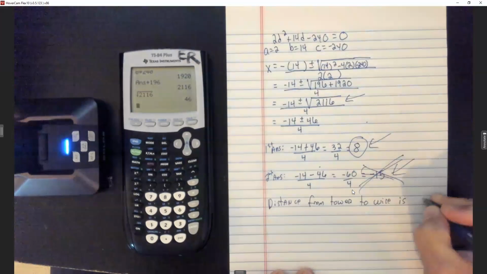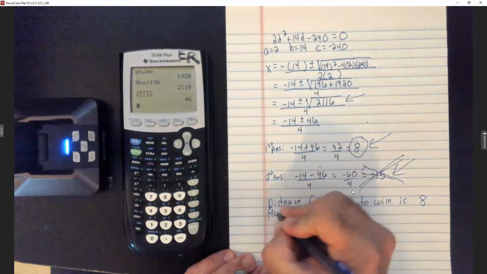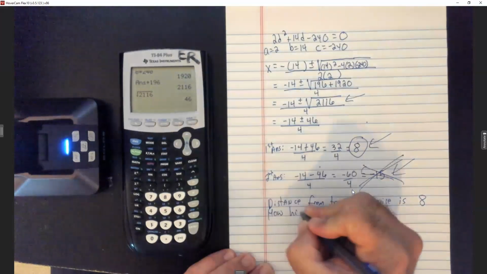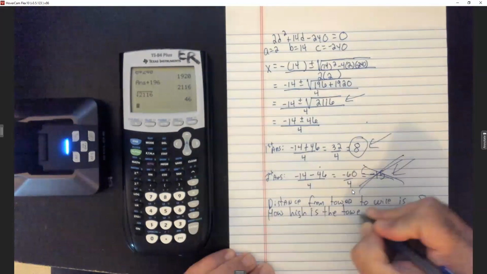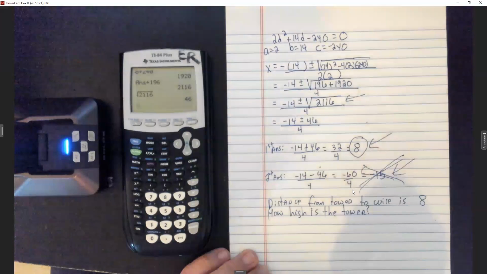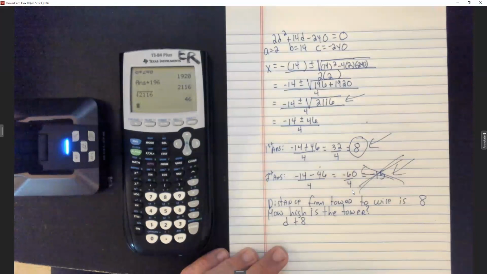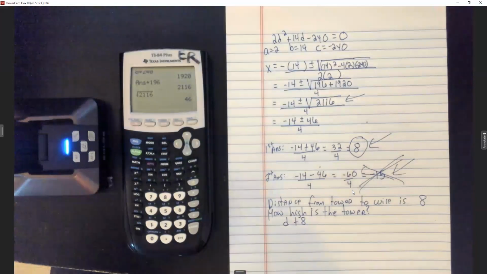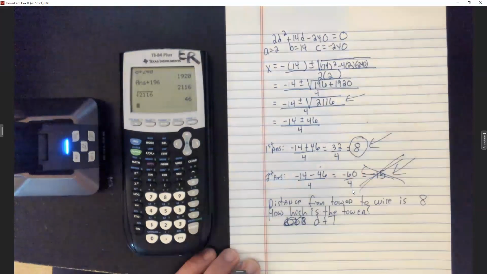Now they want to know, how high is the tower? If you remember, we said the height of the tower was D plus 7.